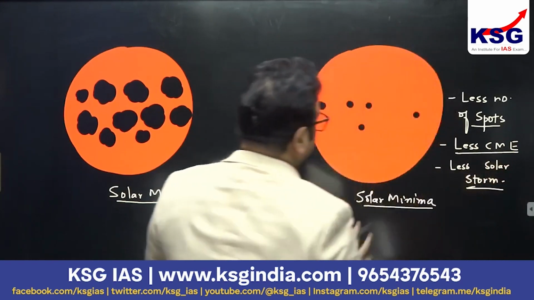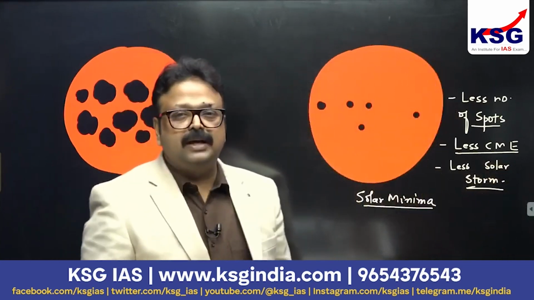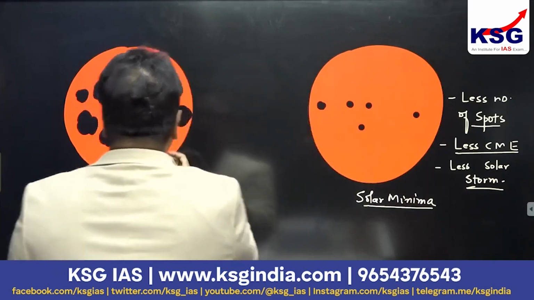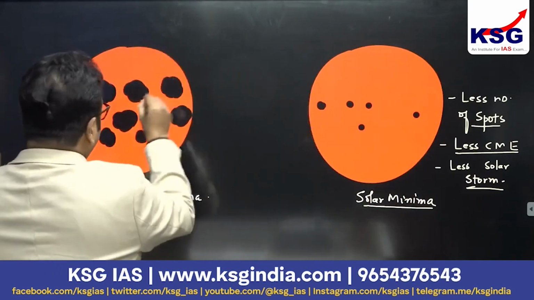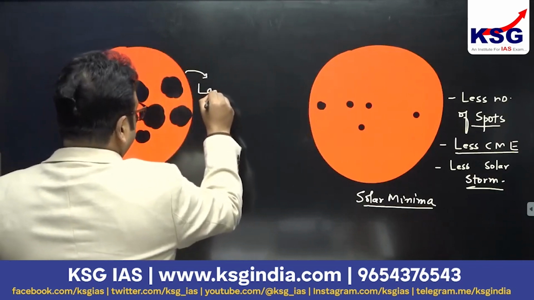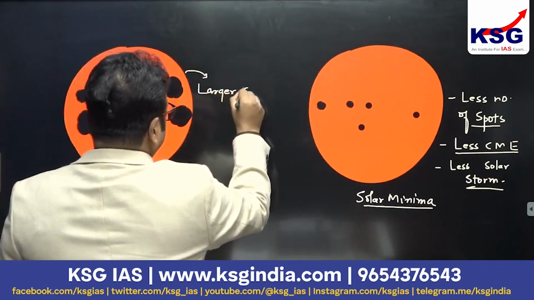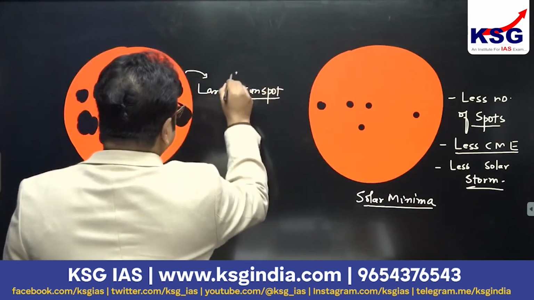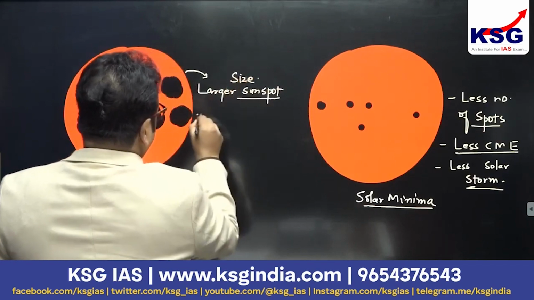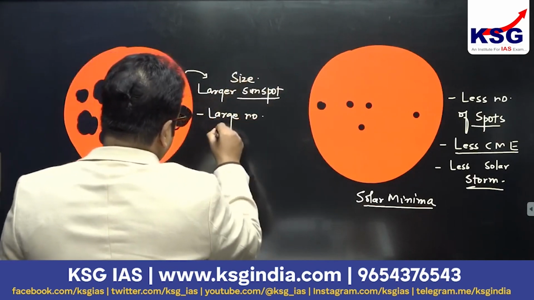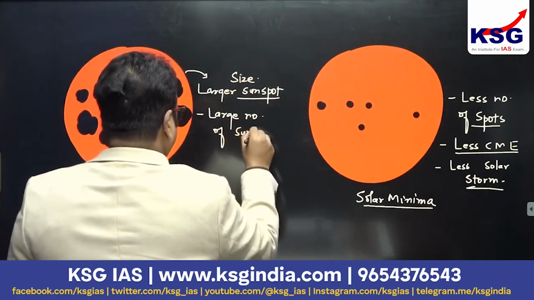Basically, solar minima and solar maxima are also called solar activity. So, maximum solar activity and minimum solar activity. What do you mean by maximum solar activity? Here, larger sunspots, that means the sunspot size is going to be larger, and a large number of sunspots. Why?